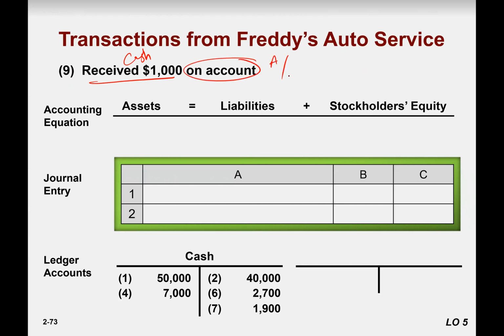Account means accounts receivable. So when you receive cash, does cash increase or decrease? Increase. And when your customer pays you, does your customer's debt increase or decrease? Decrease, right, because they pay their debt. So a decrease in accounts receivable is a decrease in asset.